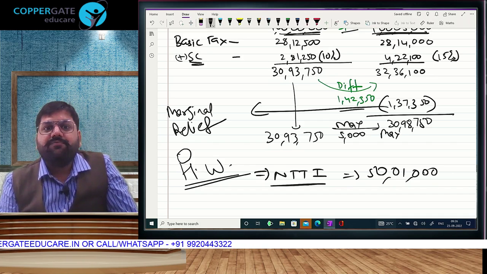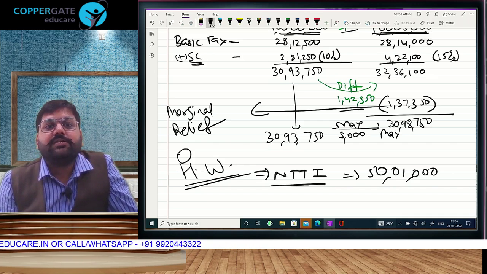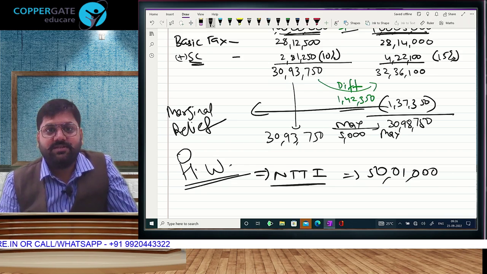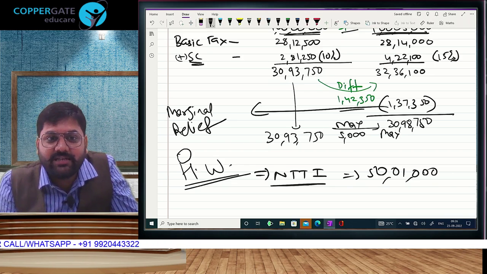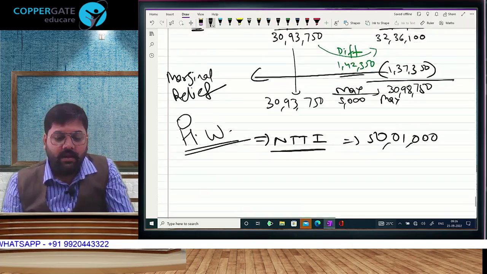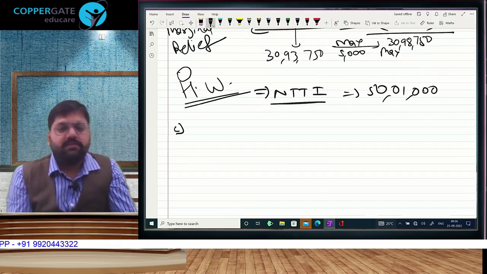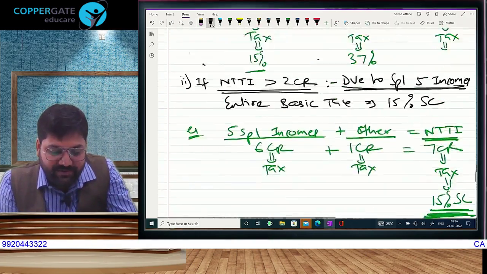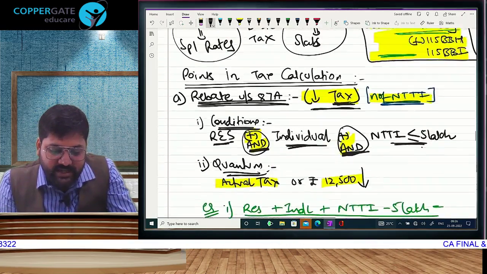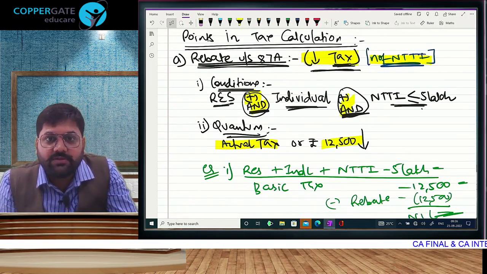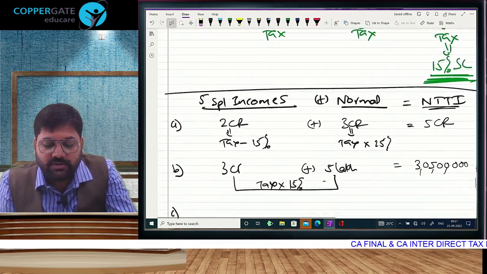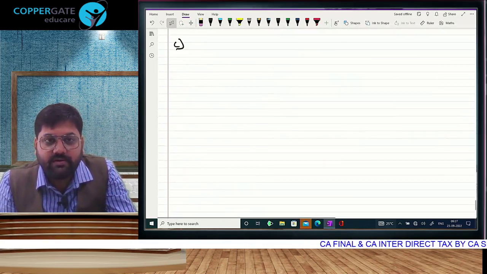With this, we finally finished chapter 9, surcharge. अभी तक individual का tax rates is also not over. Under individual का tax rate, the last concept. तो सुनो, we started with this heading. Points in tax calculation. What was the first point? Rebate. Short-term memory loss. Do you still remember the three conditions of rebate?